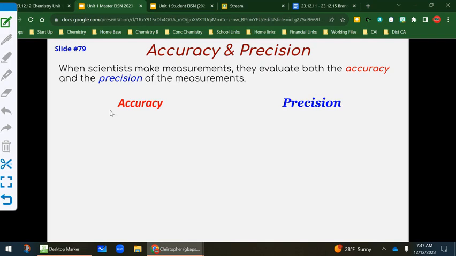Let's start with accuracy. Accuracy refers how close a measured value is to an accepted or a known value. Okay? How close a measured value is to an accepted or a known value.